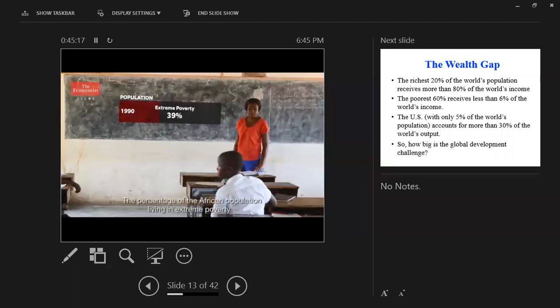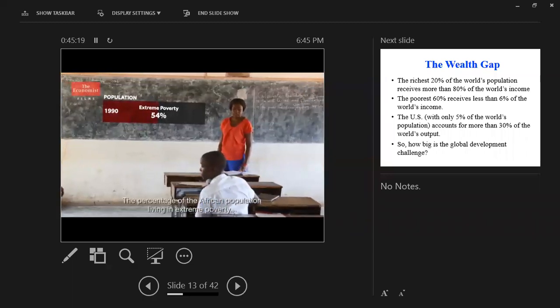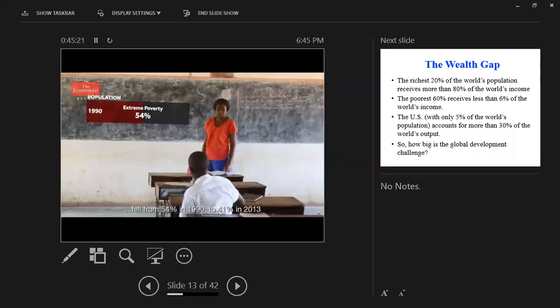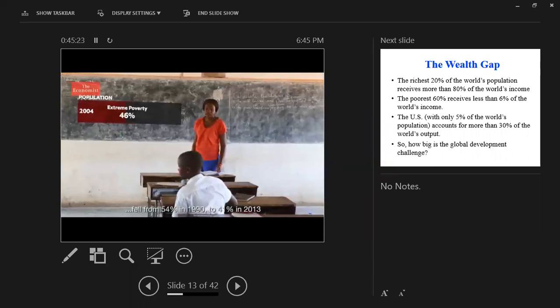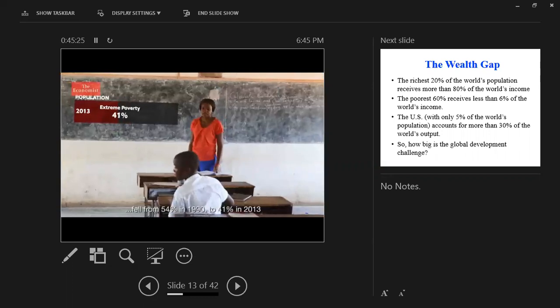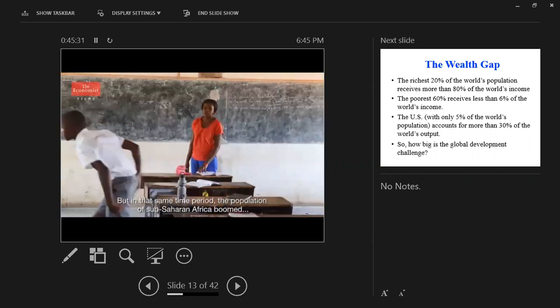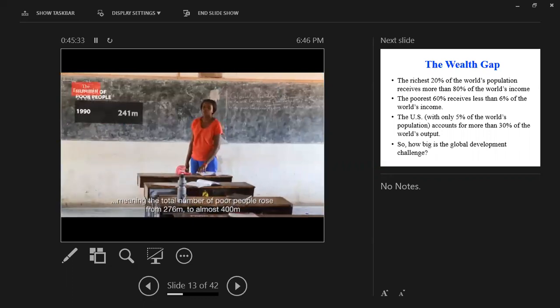The percentage of the African population living in extreme poverty fell from 54% in 1990 to 41% in 2013. But in that same time period, the population of sub-Saharan Africa boomed, meaning the total number of poor people rose from 276 million to almost 400 million.